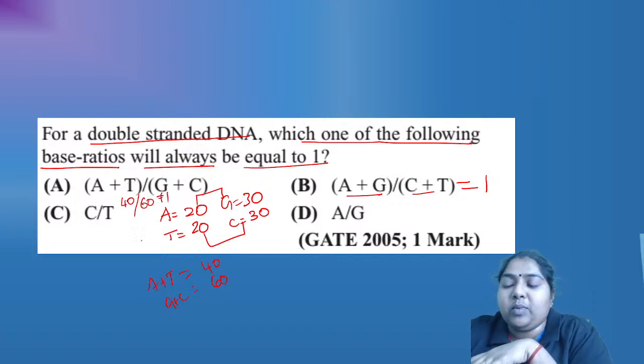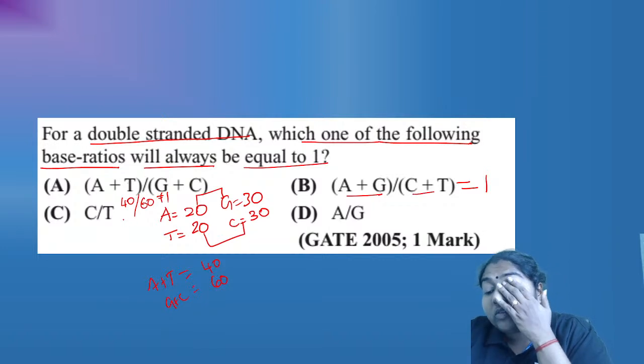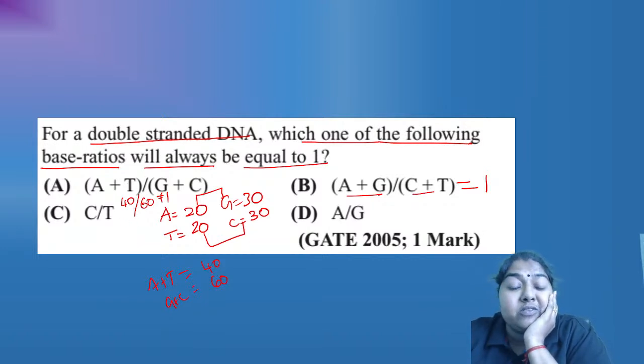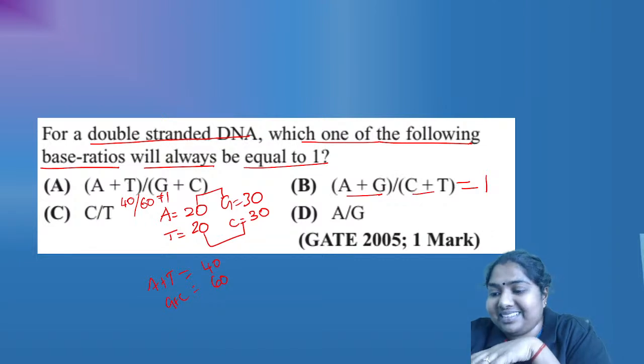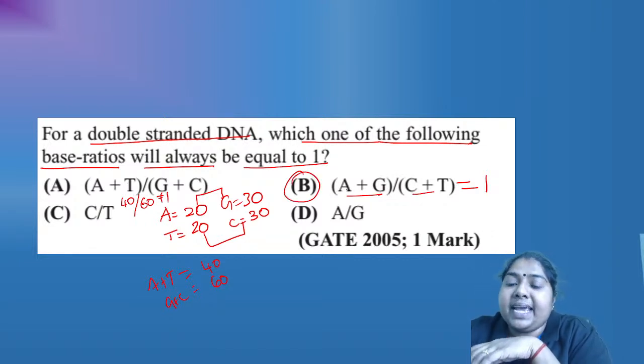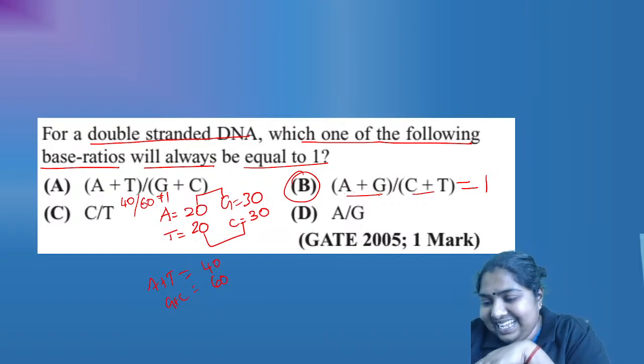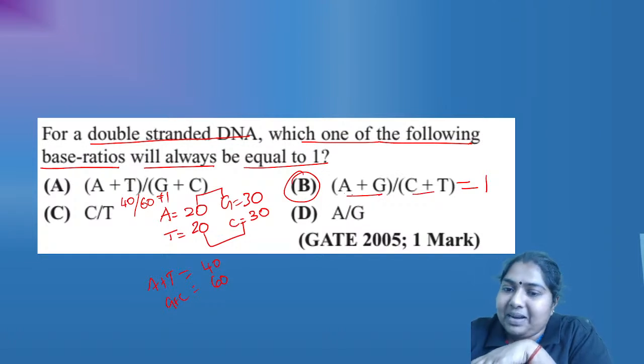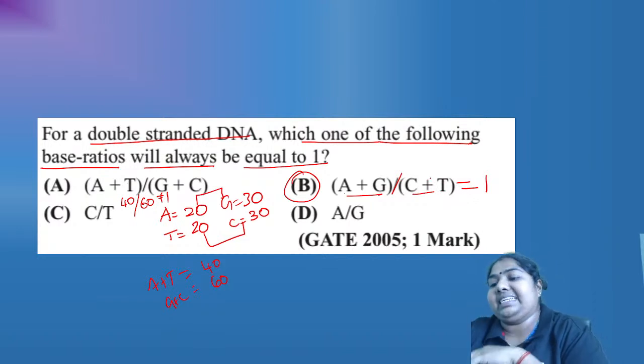It can never be equal to 1 based on the Chargaff rule. But usually we all have a misconception of this formula A plus T by G plus C. Never. It is going to be A plus G. Good. So A plus G by C plus T equal to 1 must be the right answer.